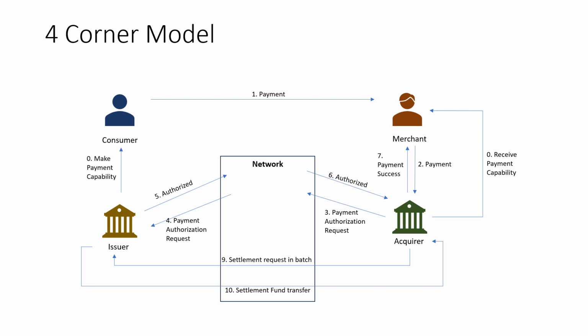It can be a bank also, but in many cases it's not directly a bank. The merchant will have an account with this acquirer, and the acquirer typically provides the hardware, software, and everything needed to process the transaction.